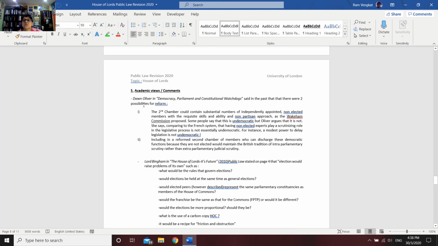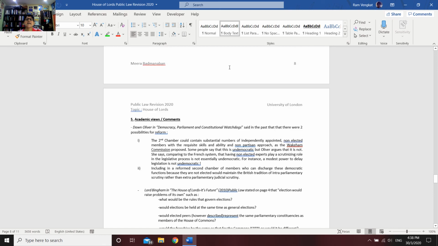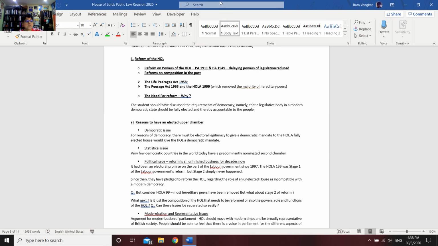So for example, the famous, renowned constitutional lawyer and commentator Dawn Oliver, in her famous work Democracy, Parliament and Constitutional Watchdogs, argues that it's fine to have a non-elected House of Lords. It's not undemocratic, and it is important because the fact that they are not elected allows them to do their work in a non-partisan manner.